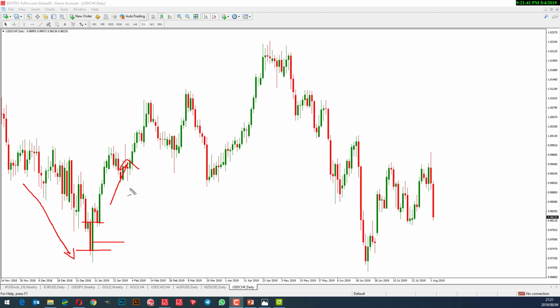It's formed when the market is pushing to the downside, and then it engulfs the previous bearish candle, and then the market is going to push to the upside. So that's a good, clear example of a bullish engulfing.